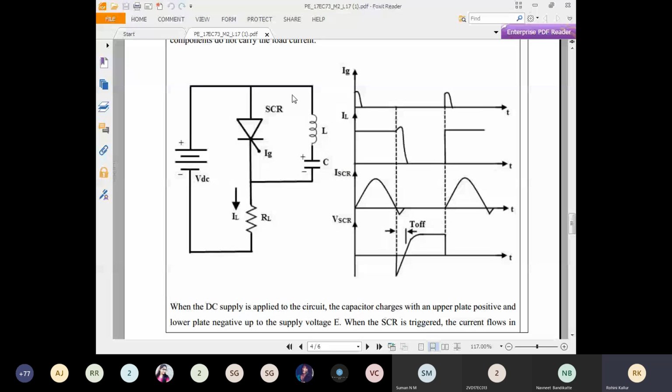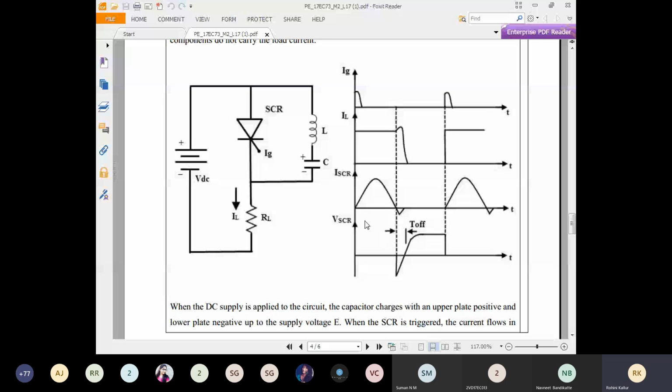So there will be a current IC, and one current already flowing in the circuit, IA. IA is flowing like this, and IC is flowing in the opposite direction. When we do IA minus IC, whenever the current across the device is less than IH, the device will be turned off.